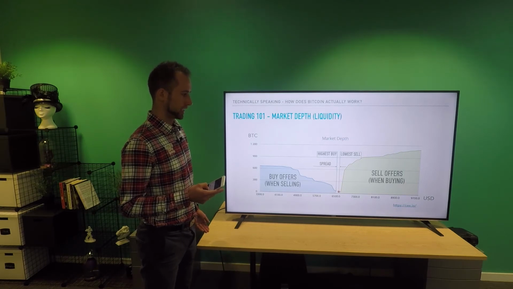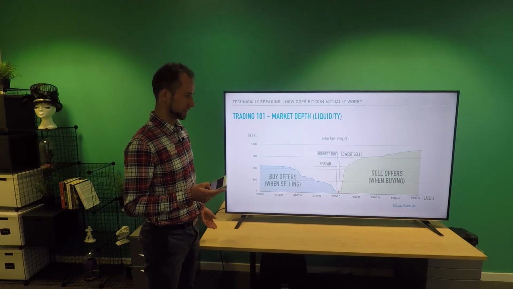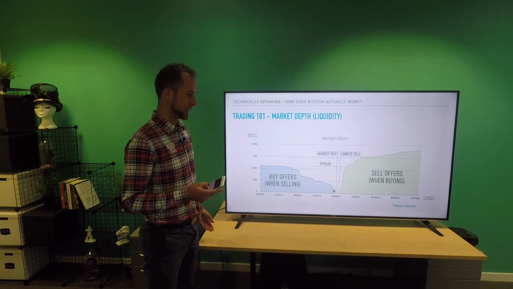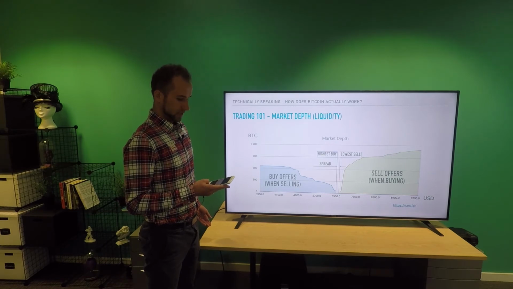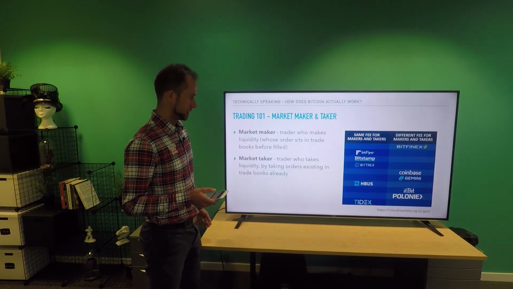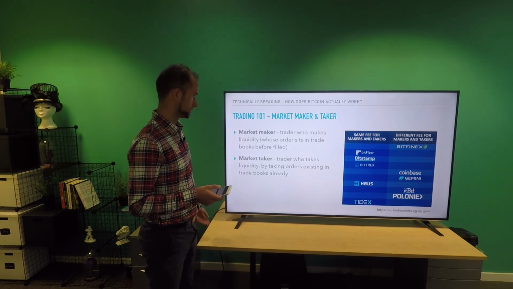Now, this price here is the lowest sell price, the lowest sell offer on the market. This price here is the highest buy offer on the market, and the difference between them is the spread. And the spread typically is taken by a market maker on a peer-to-peer platform.